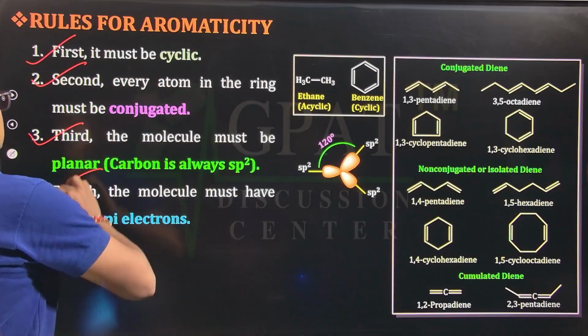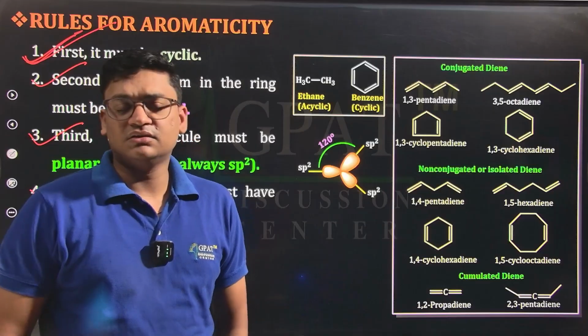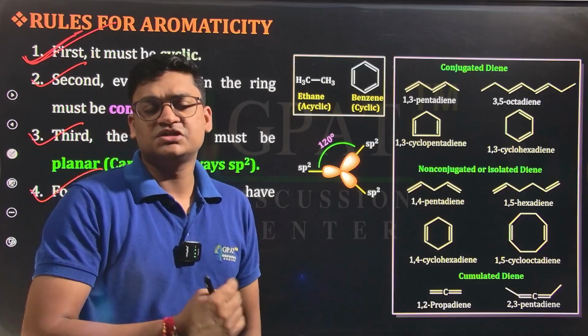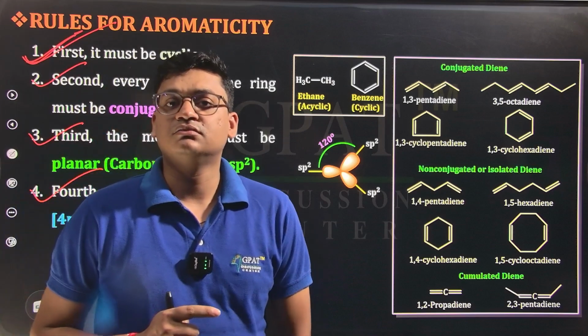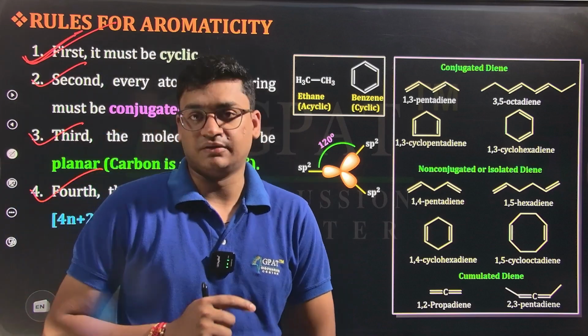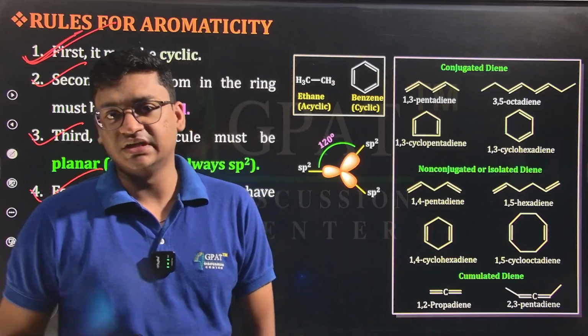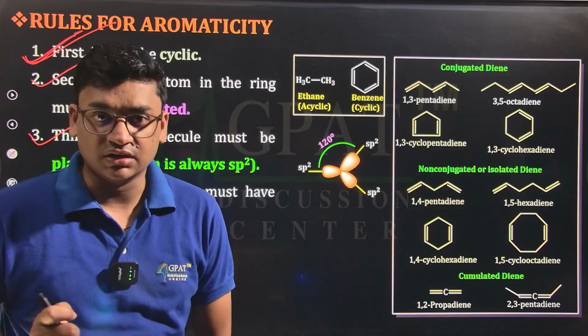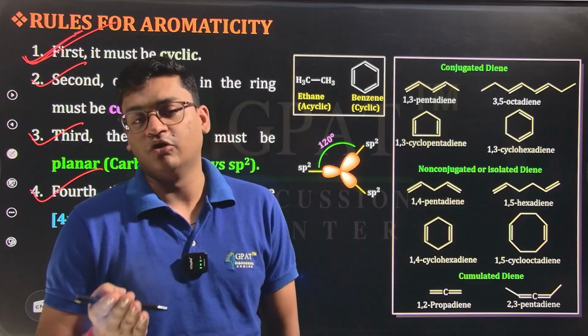First, if we have to decide whether a compound or a particular structure is aromatic or not, the first condition for a compound to express its aromaticity is the presence of a ring, a cyclic structure. Only a closed structure can have aromatic characters.